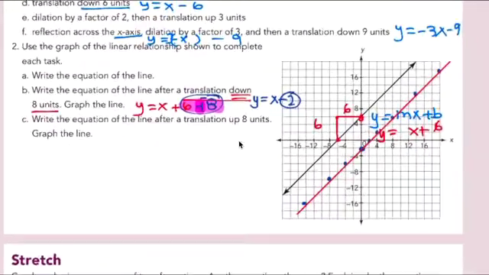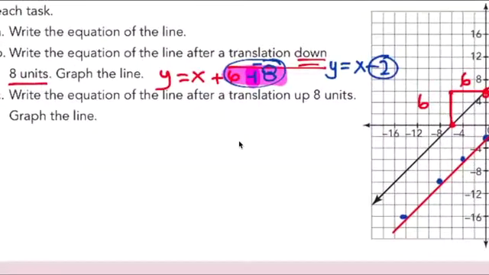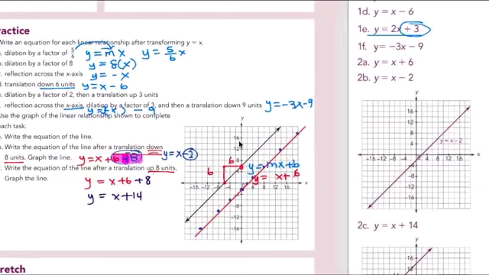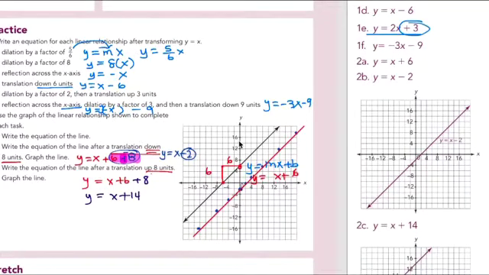And write the equation of a line after translation of up 6 units. So you start out with y equals x plus 6, that's the original, and then you move that line by 8, so you add 8, y equals x plus 14. Okay, and graph that. That's how they got this equation.